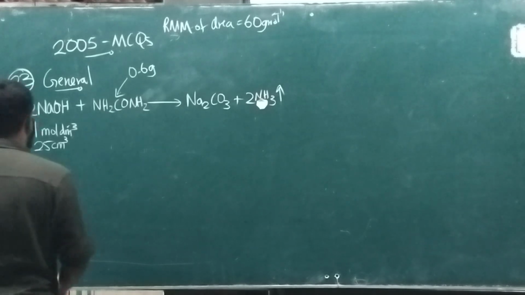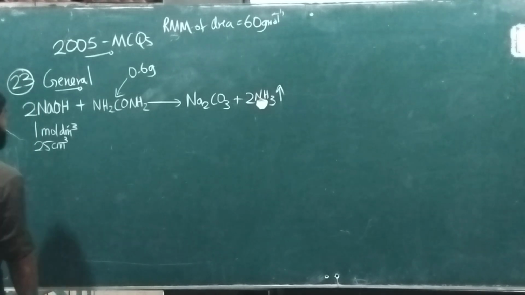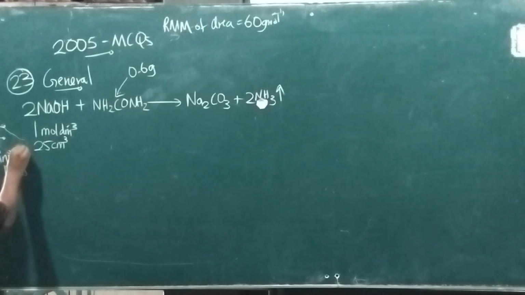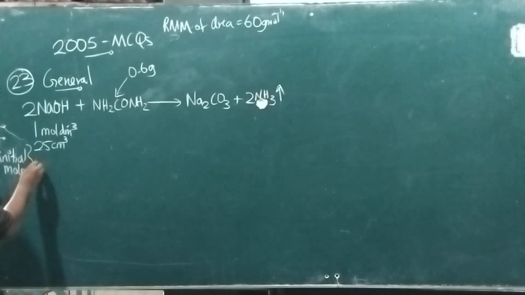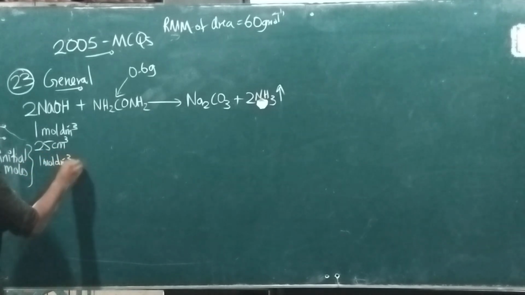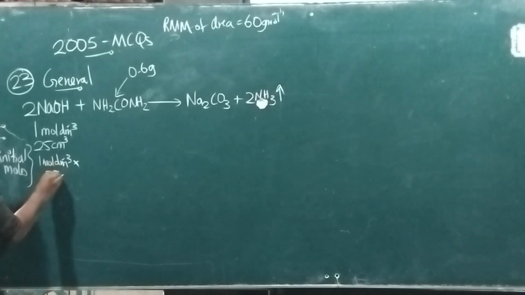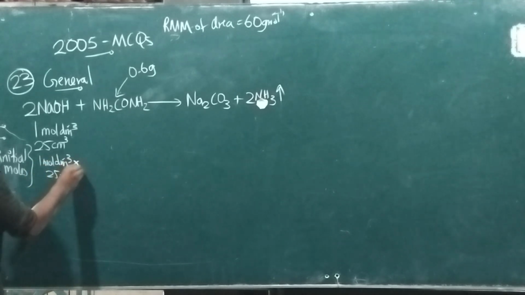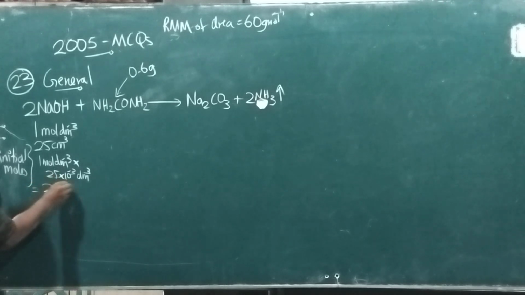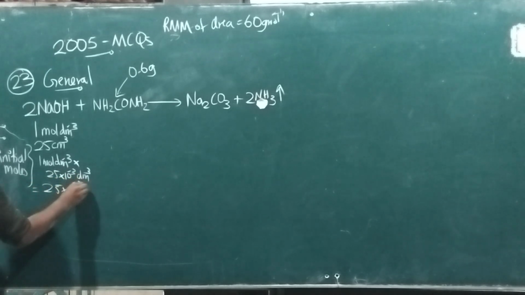Okay, now see here, we have to find initial moles. So initial moles of NaOH and urea. We have 1 mol dm⁻³ × 25 × 10⁻³ dm³. So we have 25 × 10⁻³ moles.